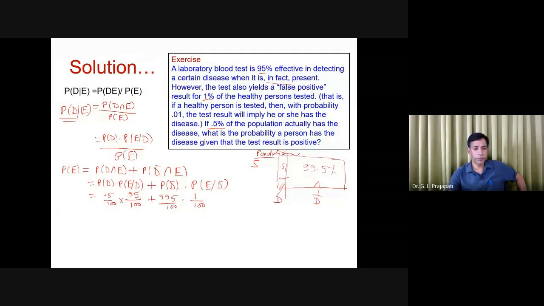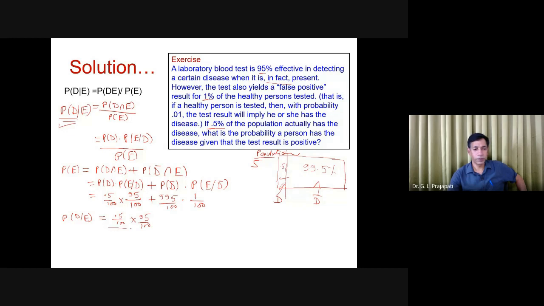Now you have everything. What can you do? Now you can compute the probability of D given E. How can you compute it? Probability of D times probability of E given D. Probability of D is what? 0.5 divided by 100, multiplied by probability of E given D, which is 95 divided by 100.